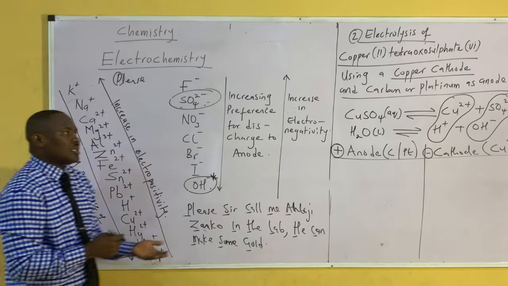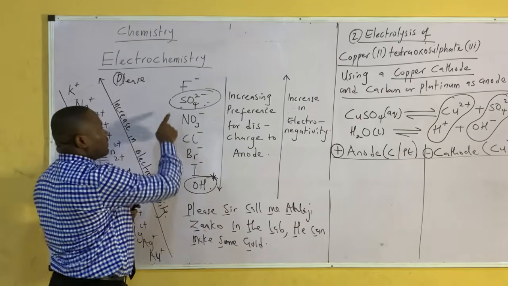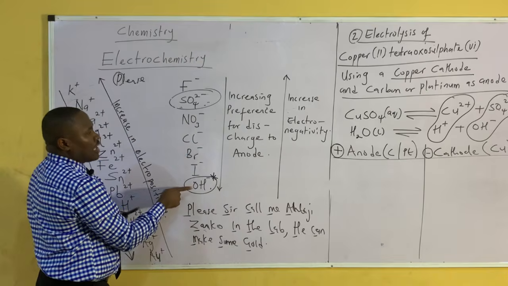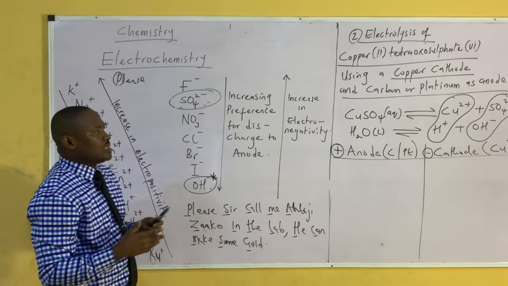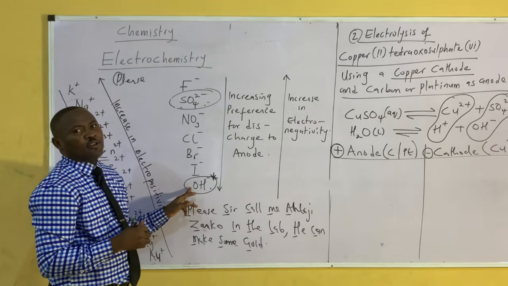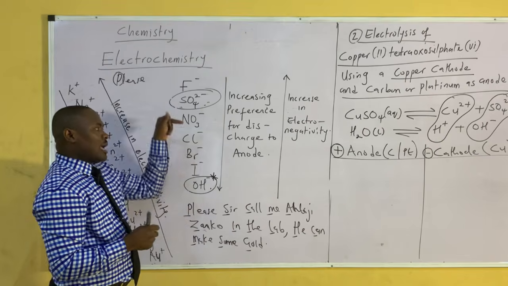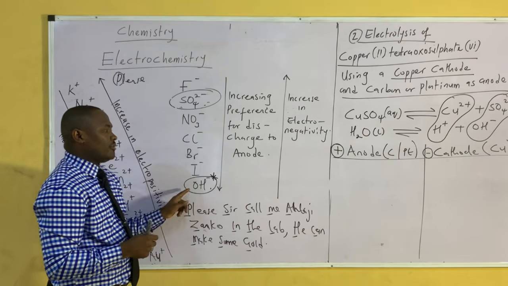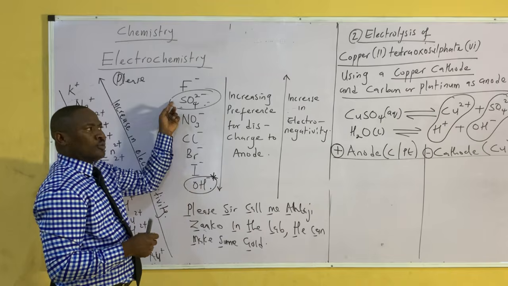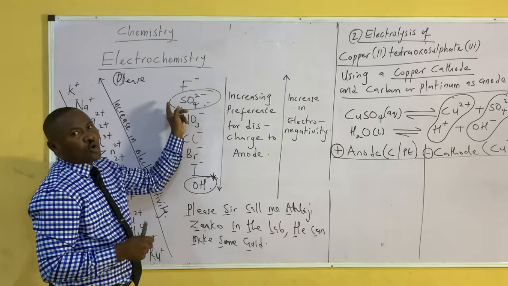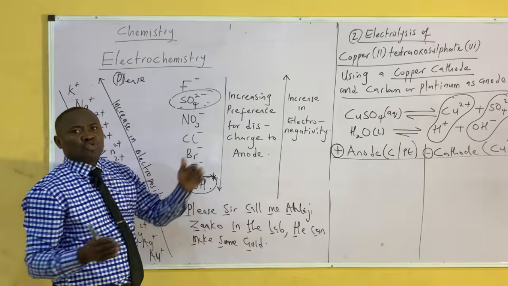Now back to business. Now the question is, I have SO4 2 minus and OH minus. Remember we said that this one is being favored in terms of position. Ions below are preferentially discharged over those above. Although this one is more concentrated, the gap is too much.